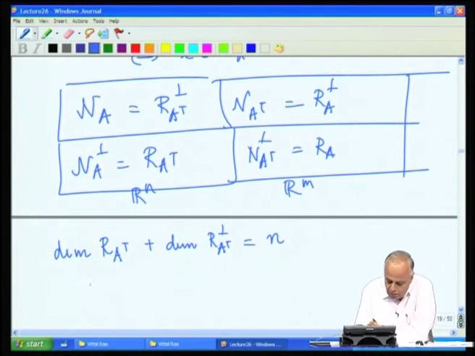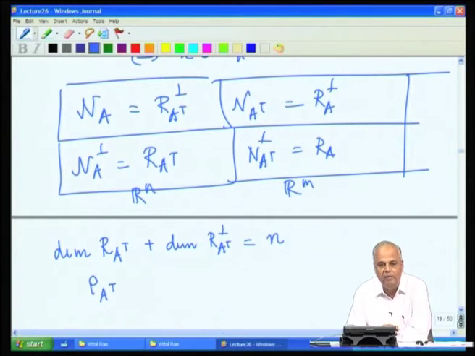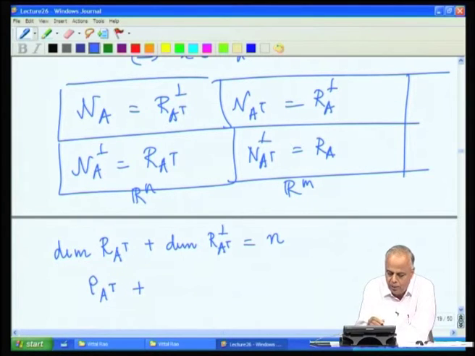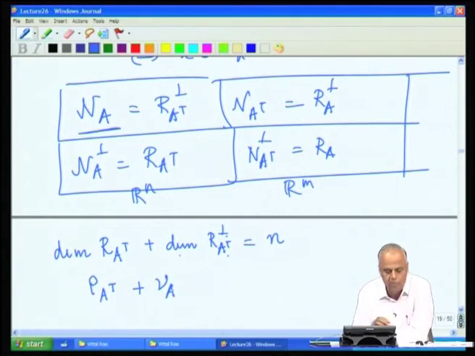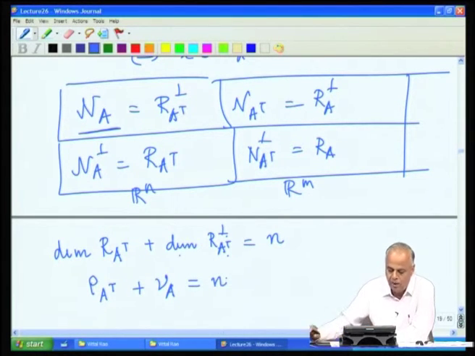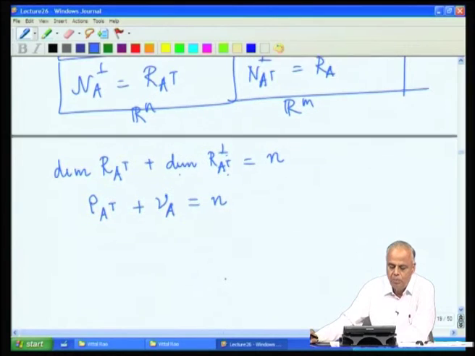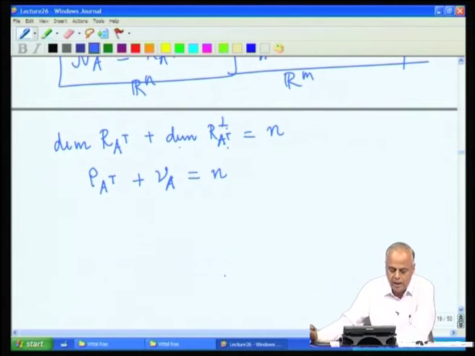Now, the dimension of range of A transpose is what we call the rank of A transpose. R A transpose perpendicular is N A, and therefore dimension of R A transpose perpendicular is dimension of N A. Dimension of N A is what we call the nullity of A, and therefore rank of A transpose plus nullity of A is equal to n.